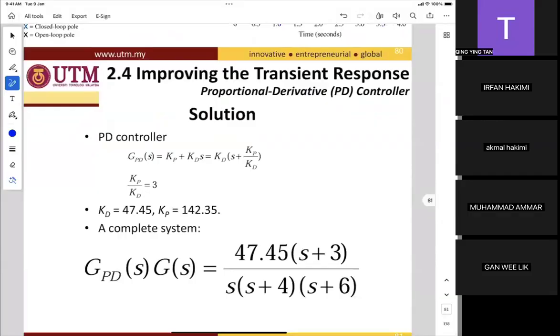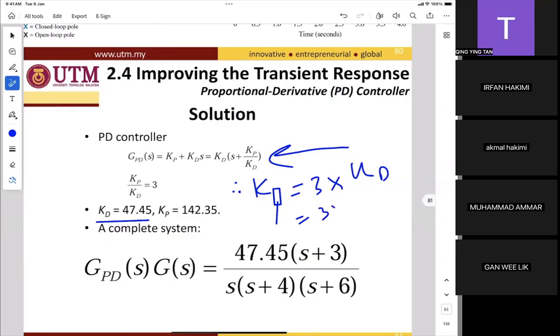So this is the PD controller transfer function, Kds plus Kp, which is Kd times (s plus Kp over Kd). So Kp over Kd is 3. Kd from the calculation is 47.45. Therefore, Kp is equal to 3 multiplied by Kd, which is 3 multiplied by 47.45, equal to 142.35.